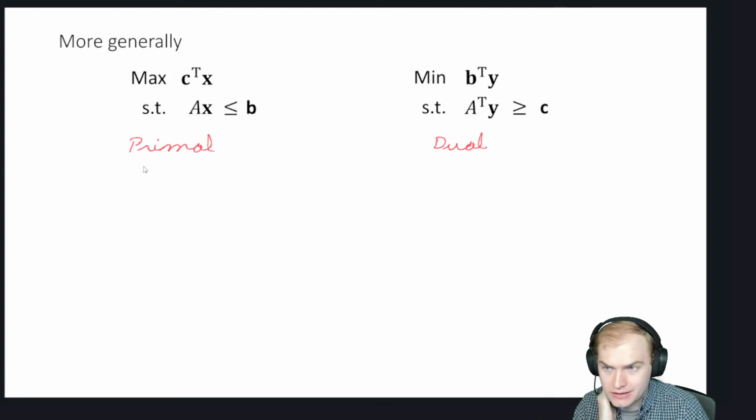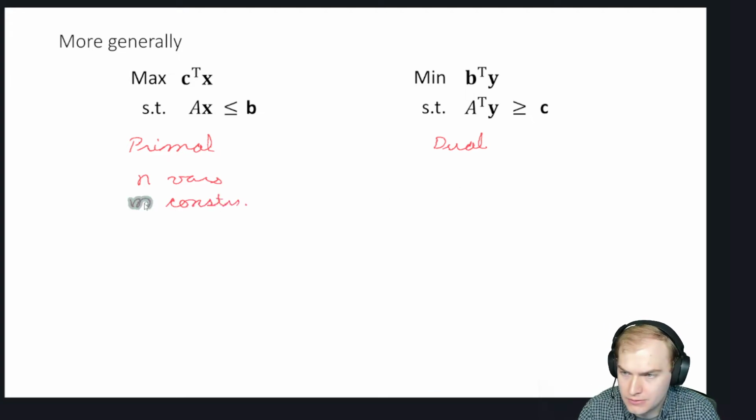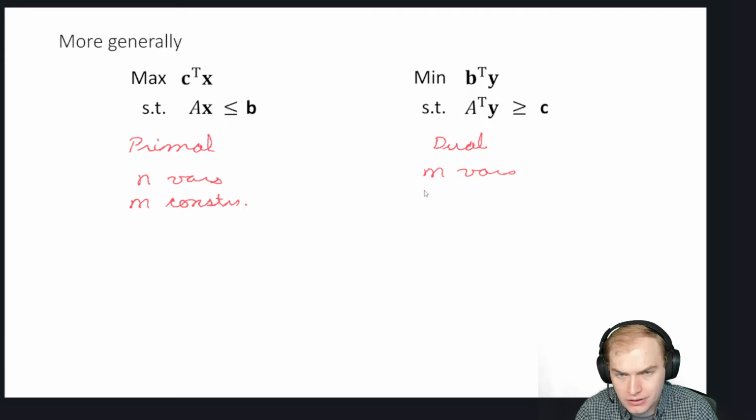So if we had n variables and m constraints, then the dual will have m variables and n constraints.